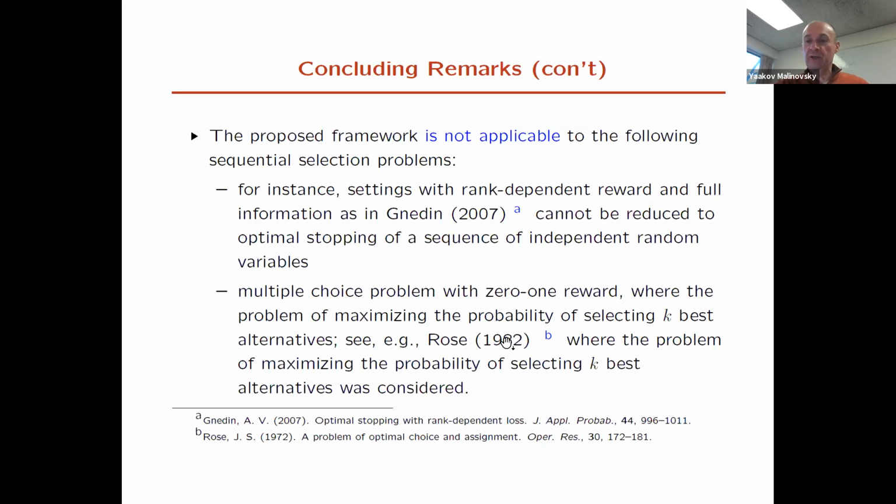This kind of problem we cannot solve, since our method required reduction to the problem where you have independent random variables, not necessarily identically distributed, y1, y2, and so on. In this case, we cannot reduce to the case of independent random variables. Therefore, we cannot solve this type of problem.